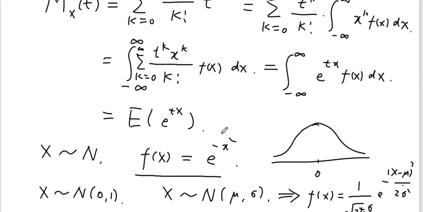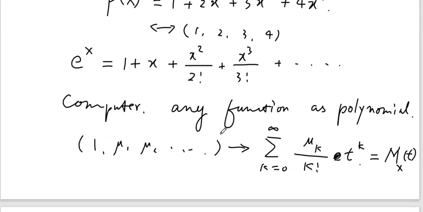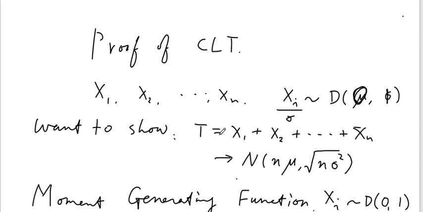With a little bit of algebra, we have an n here, and we don't like this n. So we check t over radical n.